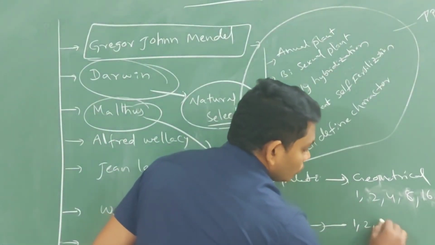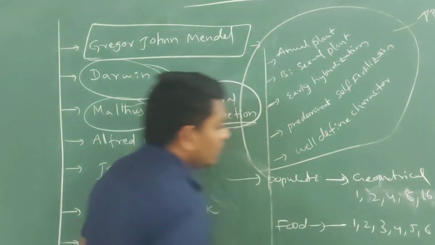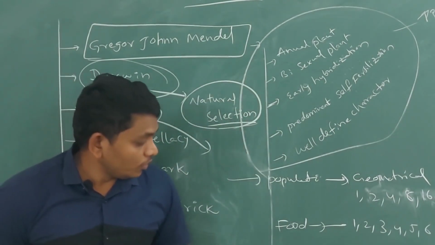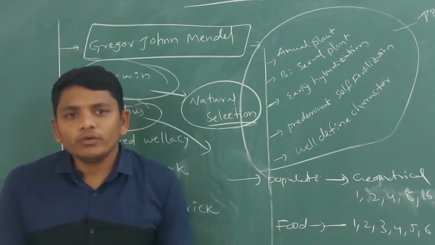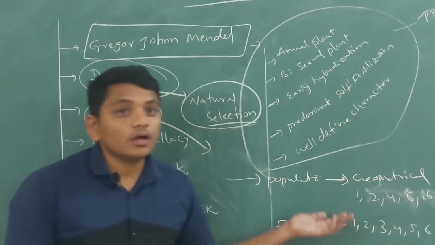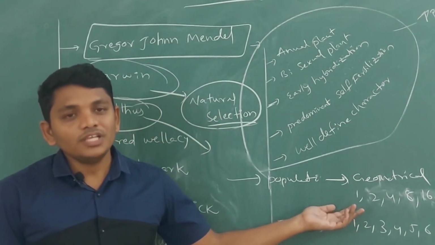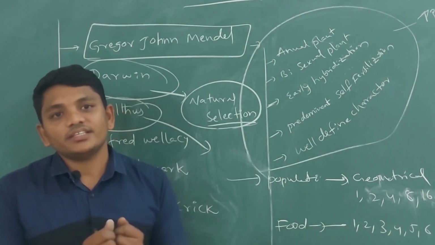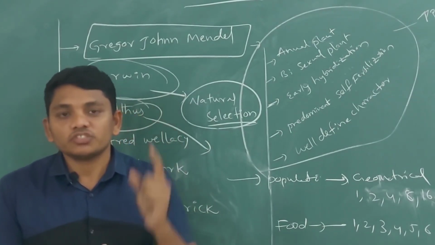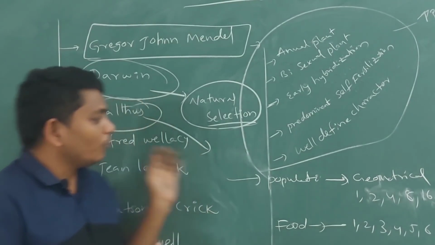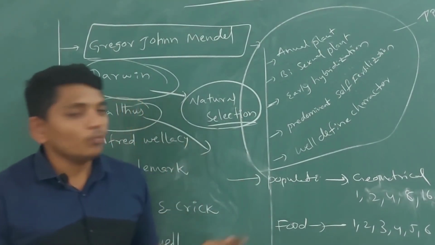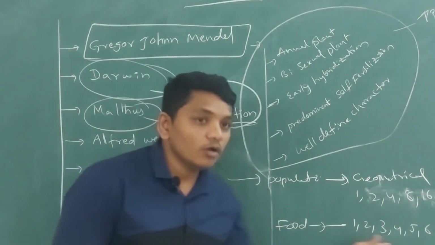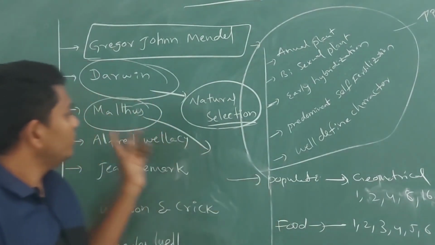That means 1, 2, 3, 4, 5, 6 like this, which means the population is growing while the food sources are growing very slowly. So sufficient food is not there for the population. So in this way, for the food sources, the population will fight each other. Then the strongest one only survives. So the Malthus theory is telling us that population is growing in geometrical progression and food sources are growing in arithmetical progression. This is the theory told by Malthus.